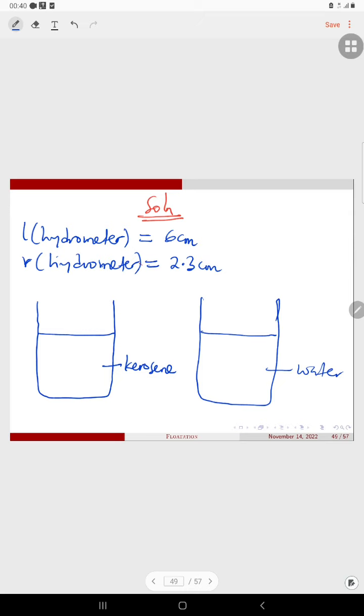So if 2.3 is above, the whole length is 6 centimeters, meaning less than half is above. So it means a lot of it is immersed. Great portion is immersed. Though it's not drawn to scale, but my drawing has to be a bit reasonable, okay? So this is 2.3.